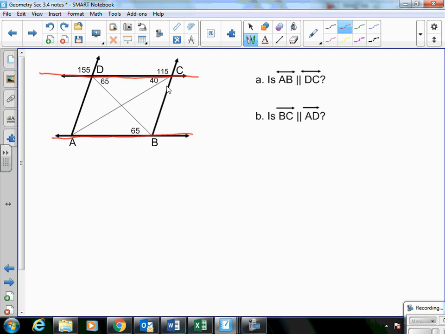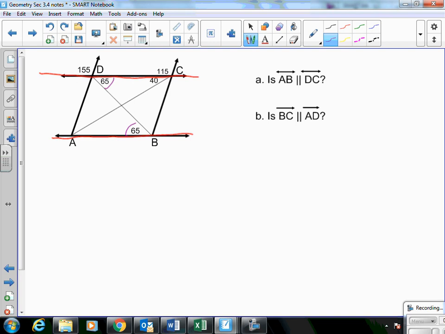What we want to look for is a transversal that has two angles that we know the measure of. Between DC and AB, the only one of these transversals that has an angle at both sides is DB. For DB, we've got an angle there and an angle there.